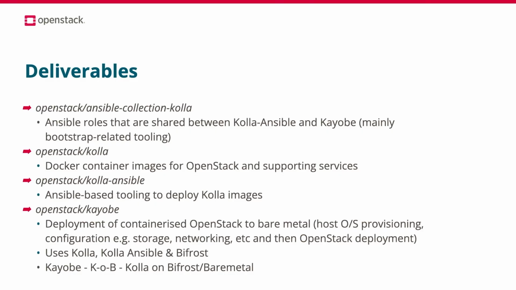It does host operating system provisioning using the Bifrost project from the Ironic program. It configures, for example, storage like LVM, logical volumes, file systems, and networking. Physical switches can also be configured using KOB, and then it does the OpenStack deployment using Kolla Ansible.